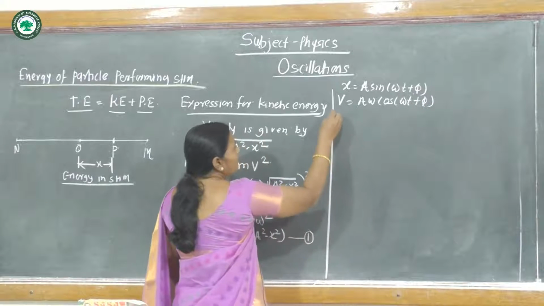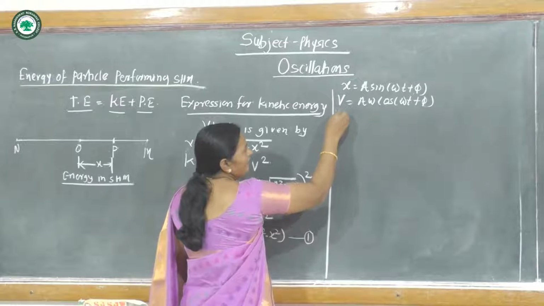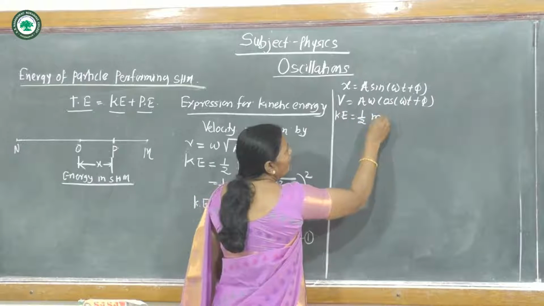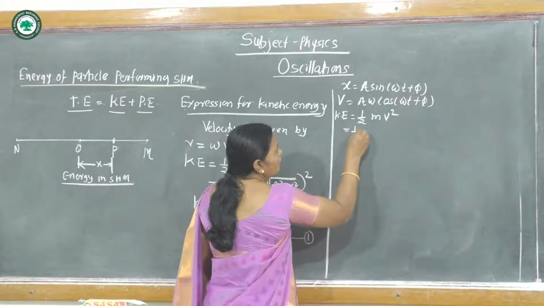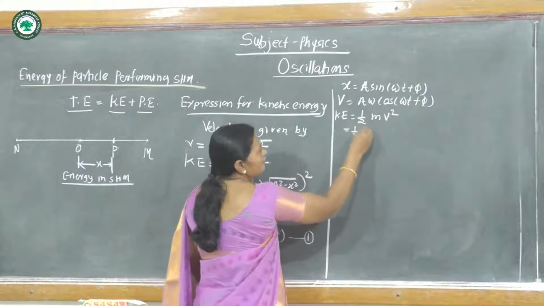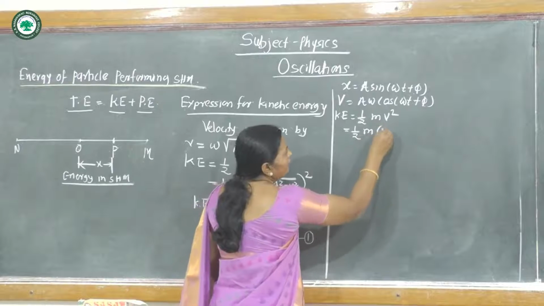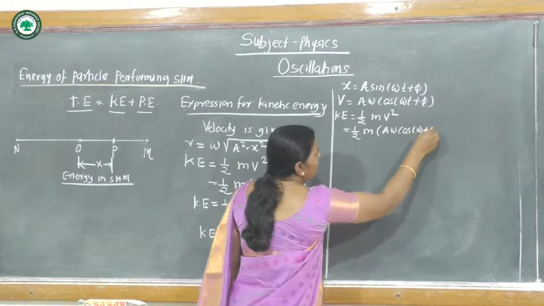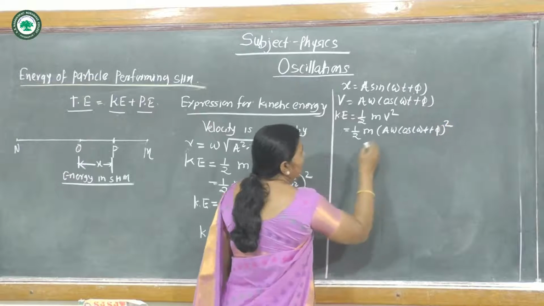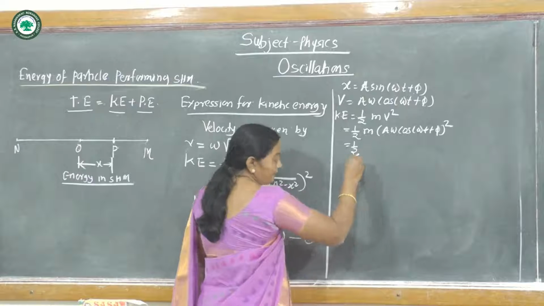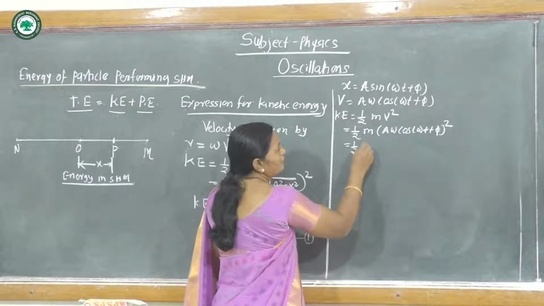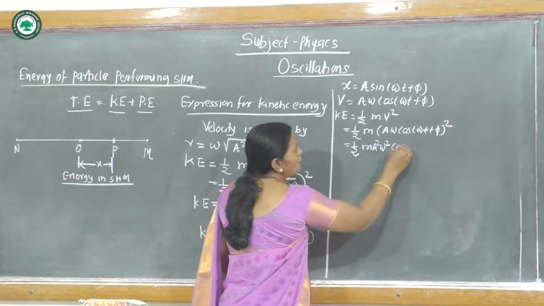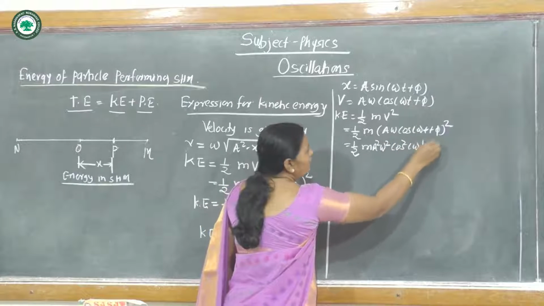Again we can find the value of kinetic energy here. Kinetic energy is given by 1/2 mv square. Substituting the value of v, we get 1/2 m into (a omega cos(omega t plus phi)) square. So kinetic energy is equal to 1/2 m a square omega square cos square(omega t plus phi).